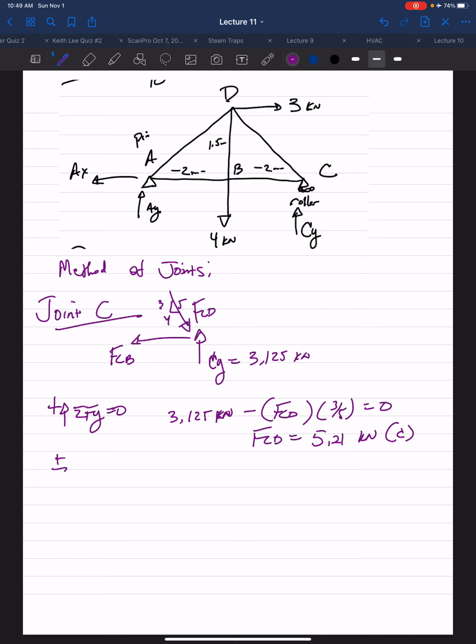So then I'm going to take my sum of my forces in the x direction. You have your FCD, which we know now is 5.21 kilonewtons, times the x component, 4/5, minus FCB.